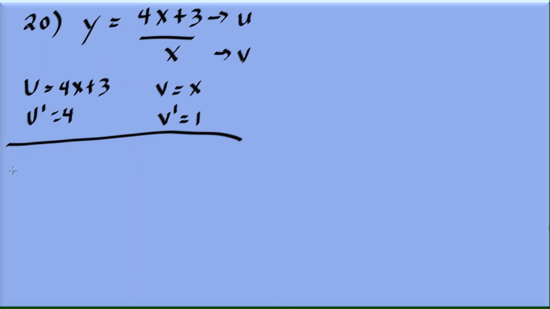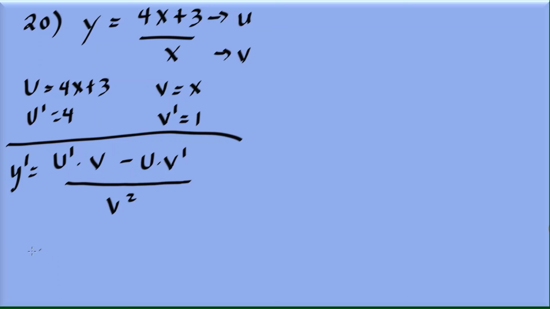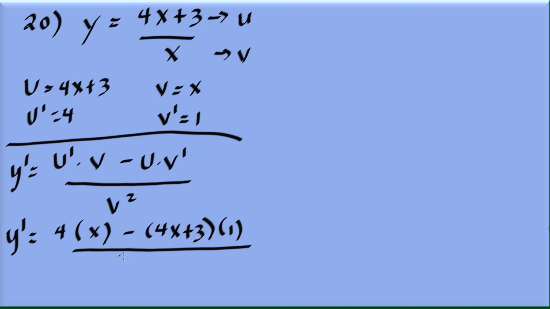So the quotient rule says we take the derivative of u times v minus u v prime over v squared. So our y prime is u prime, which is 4, multiplied by v, which is x, minus u, which is 4x plus 3, times v prime, which is 1, all over v squared or x squared.